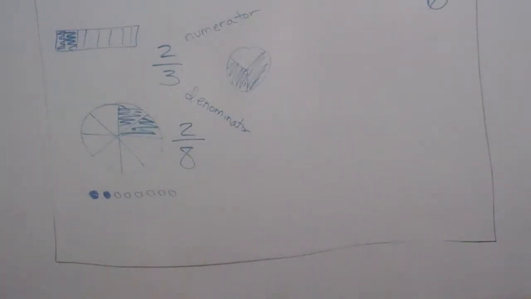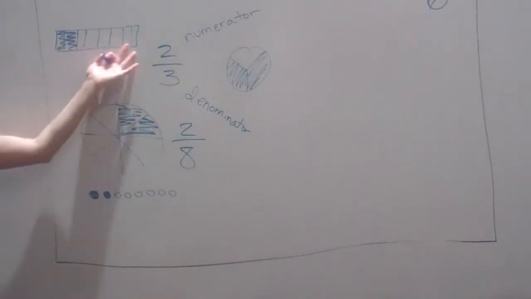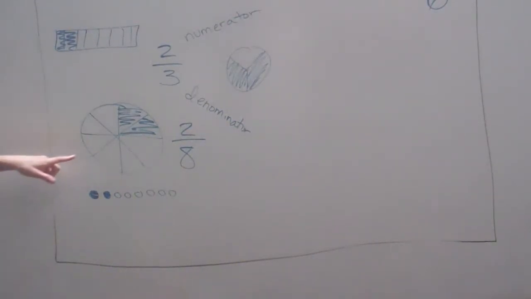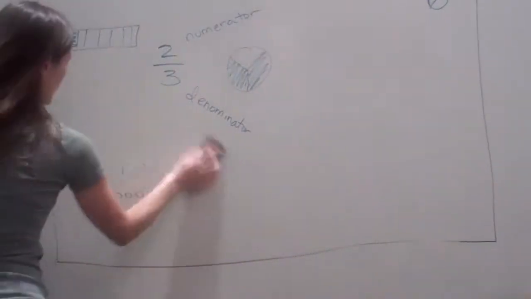Okay? No matter how I draw it, I'm still showing 2 out of the 8. Everybody understand? So sometimes you may want to use a pie or a grid. Do it whichever way you like the best. Because sometimes it's hard to figure out how to make these even. Okay? All right. So let's get into the teaching of this lesson.